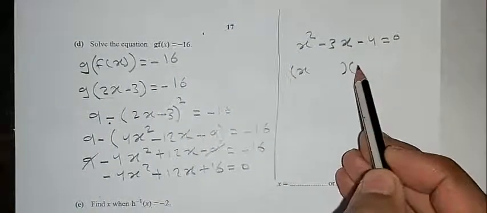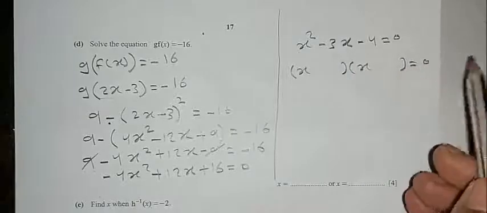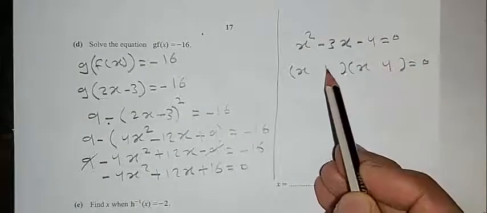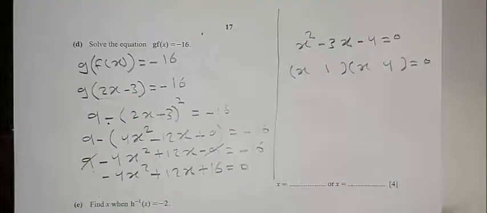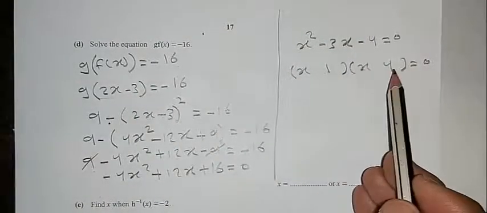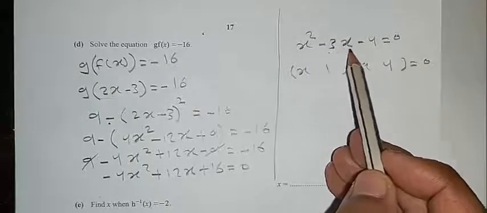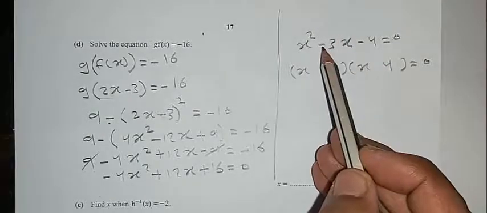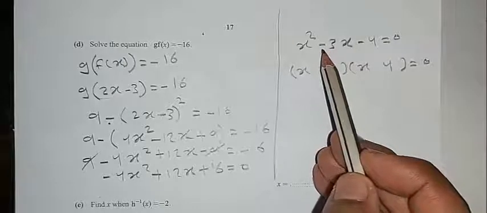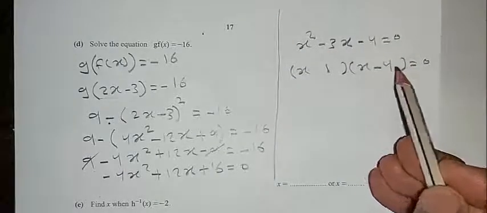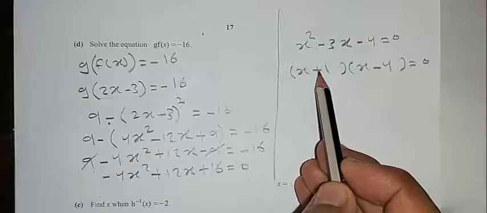The 4 is 1 times 4, and one of them will be negative. We can see that the middle term coefficient is negative, so we use the negative for the bigger number, 4, and the other will be positive.